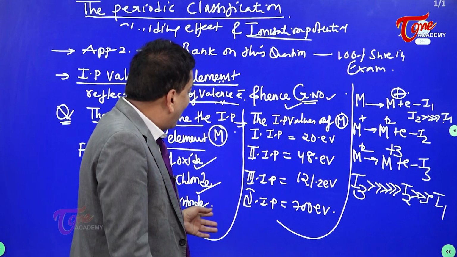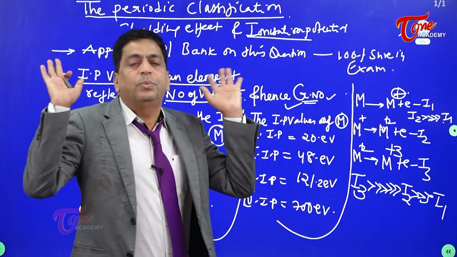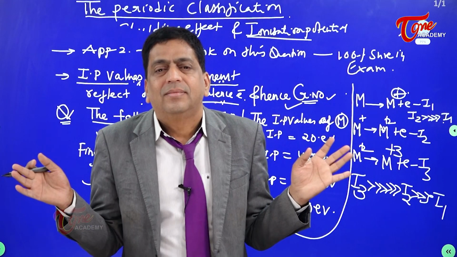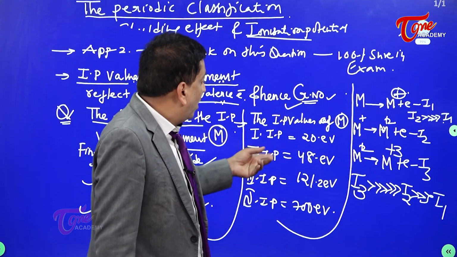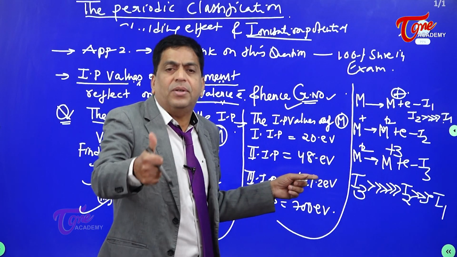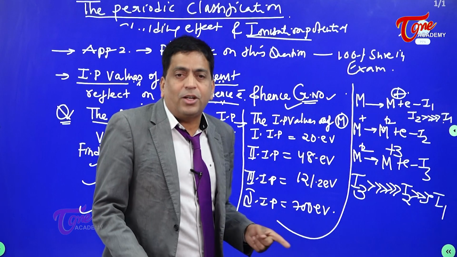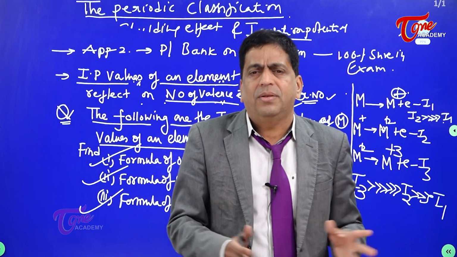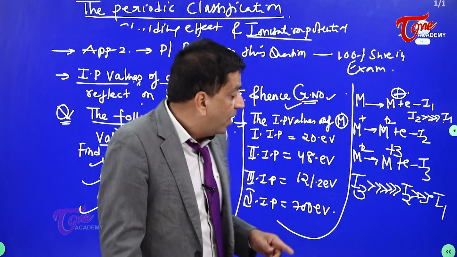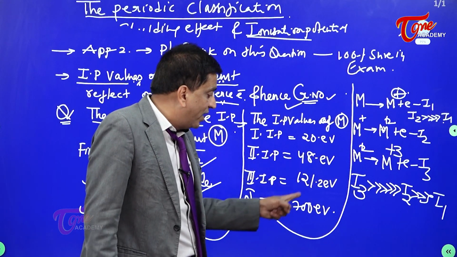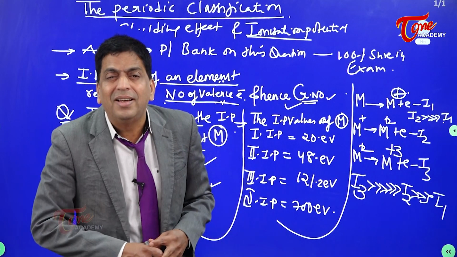And then, now I have an issue. You look into the value. Well, 20 to 48, fine, legitimate. 48 to 121, legitimate. But it's not legitimate when someone is kicking from 121 to 700.